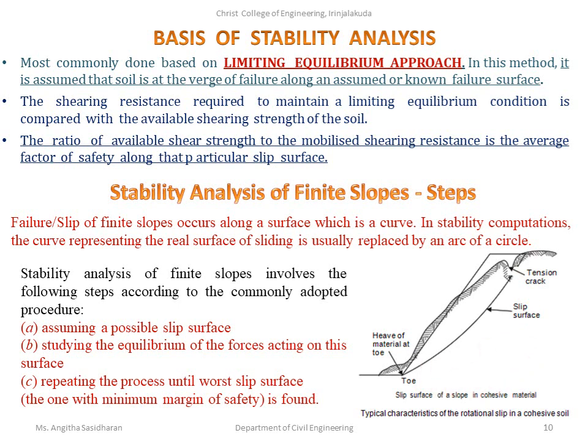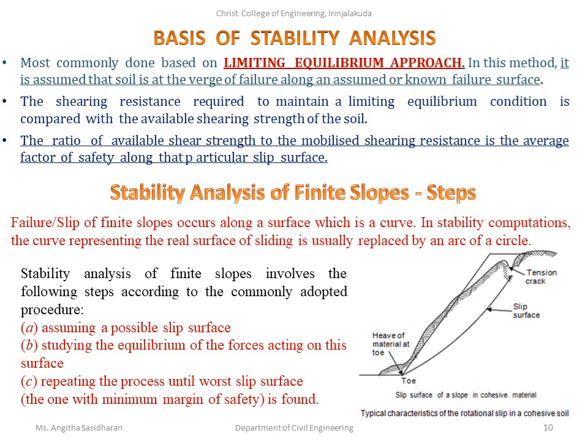So in stability computations, the curve representing the real surface is usually replaced by an arc of a circle. Stability analysis of finite slopes involves the following steps. We assume a possible slip surface, study the equilibrium of forces acting on the surface, and repeat the process until the worst slip surface is found.